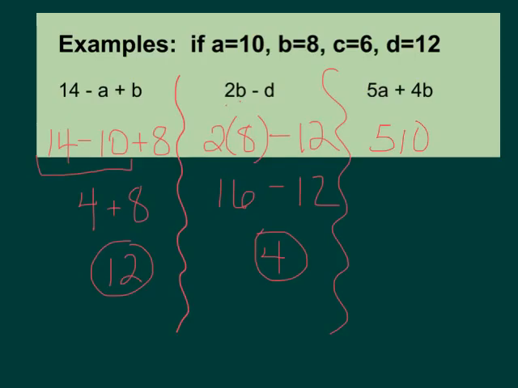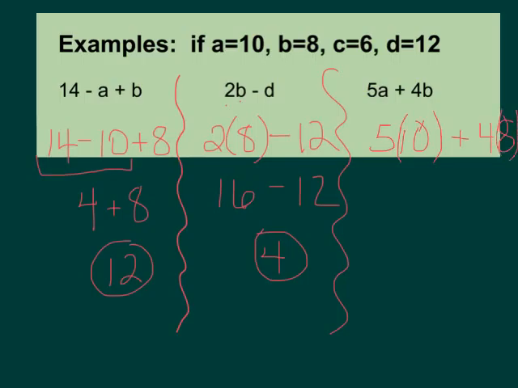No, a 5 standing next to an A does not mean write 5 and then the number that A stands for. It means multiply. So 5A is going to be translated as 5 times 10. And then again, we have 4B. Are we going to write 48 because B is 8? No. We're going to write 4 times 8.